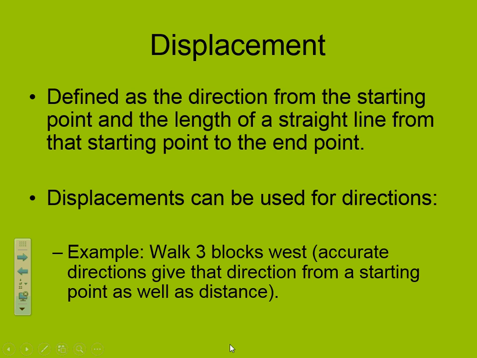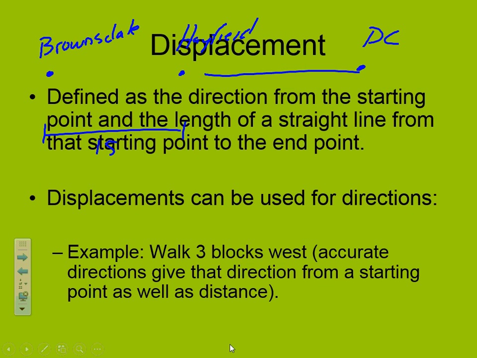So, let's look at an example of displacement. Displacement is the distance between your starting point and your ending point. Let's say we are on Highway 56. We have Brownsdale, Hayfield, and Dodge Center. Now we know it's 15 miles from Brownsdale to Hayfield, and 10 miles from Hayfield to Dodge Center.